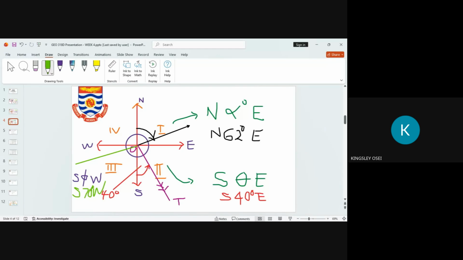In that case, the 70 will be this angle here from the south. This one will be 70 degrees. So every quadrant has its way of calling out the quadrant. But in the listed way of calling the quadrant, some of the angular movements are positive.